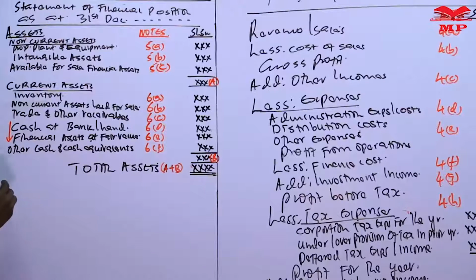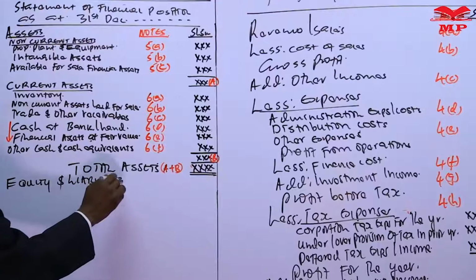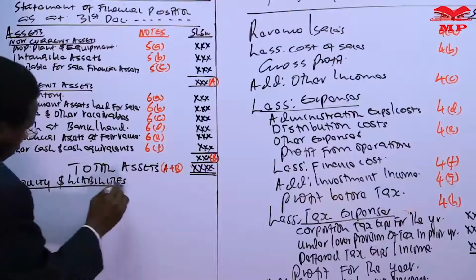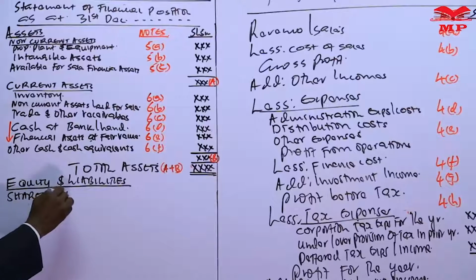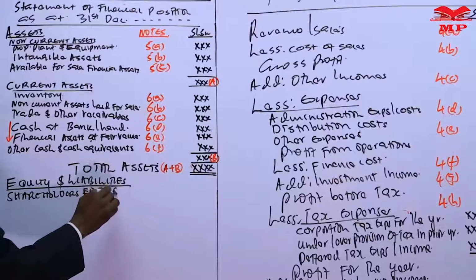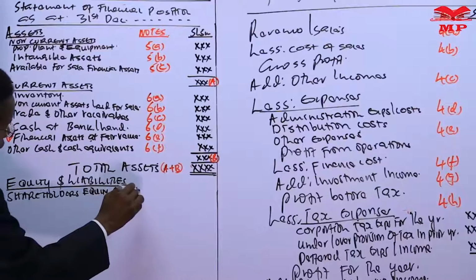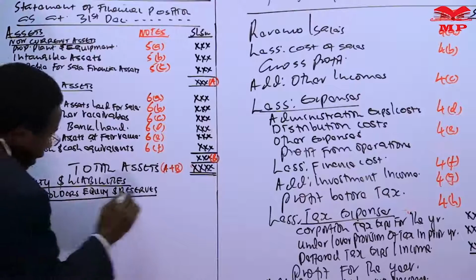Then we have the shareholders' equity. We have equity and liabilities. So equity, we start with the shareholders' equity and reserves. Shareholders equity and reserves.